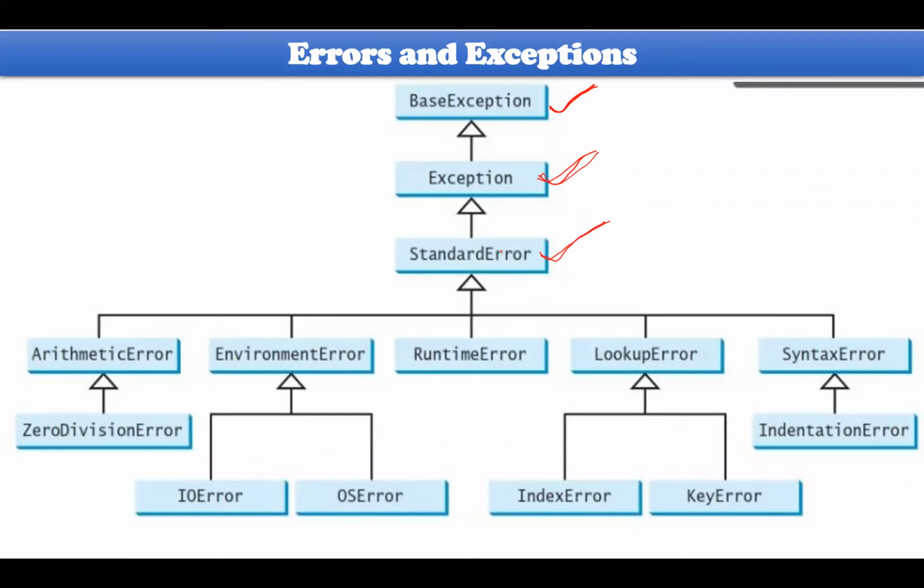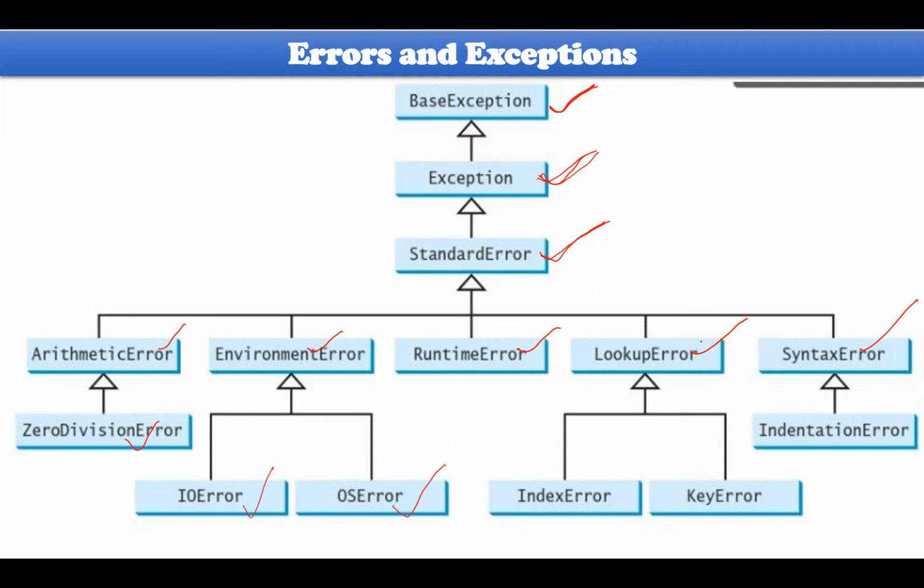And these errors might be many things. Very few of them are given here: arithmetic errors, environmental errors, runtime errors, lookup errors, syntax errors, and many more. If I take arithmetic error, for example, ZeroDivisionError. Environment errors, in the sense, input-output error or operating system error.